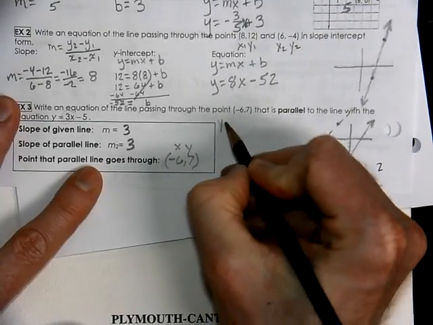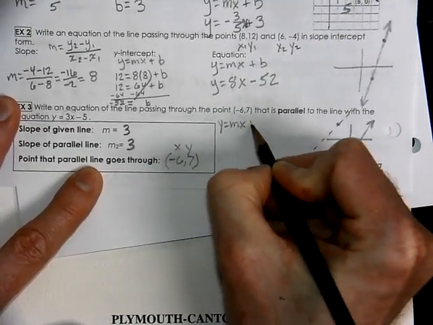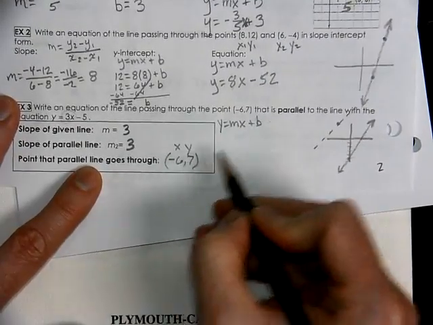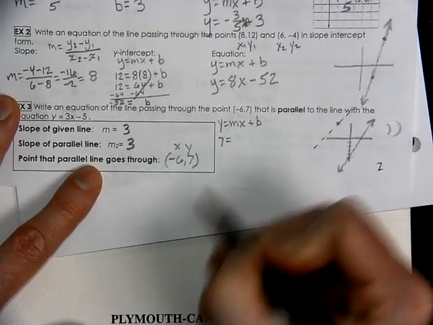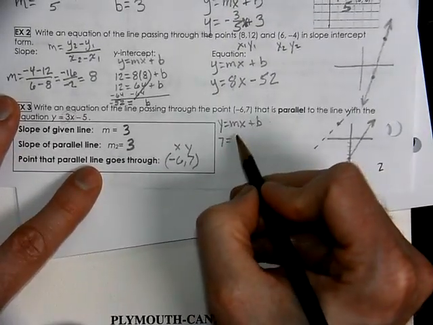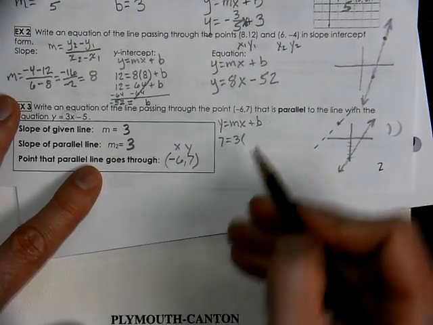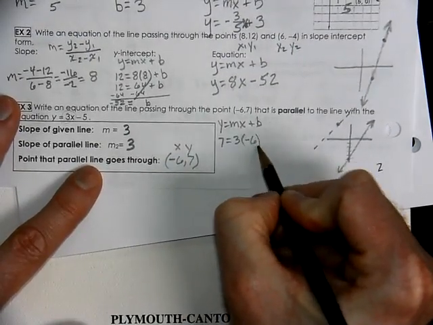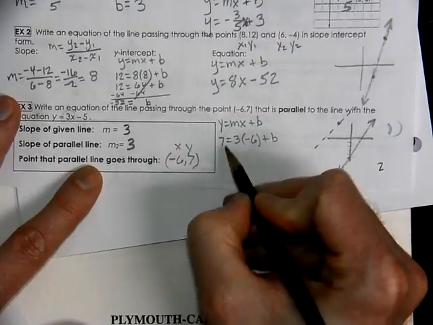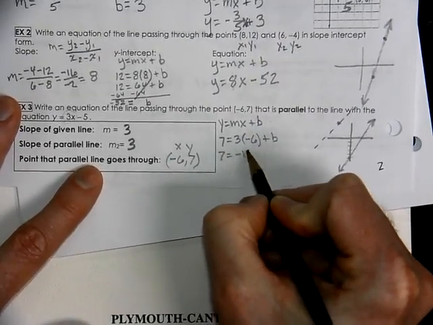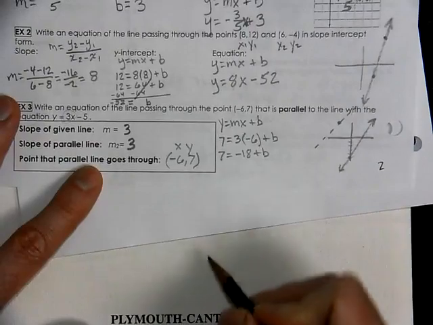So when we do our y equals mx plus b, I'm going to plug my y value in, my 7 for the y. My slope we said was 3. My x value is negative 6. That's going to give us a negative 18 plus b.